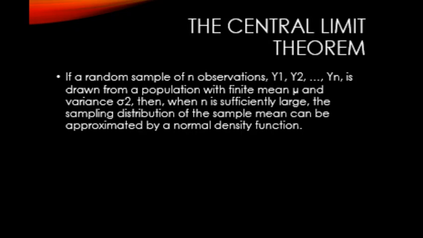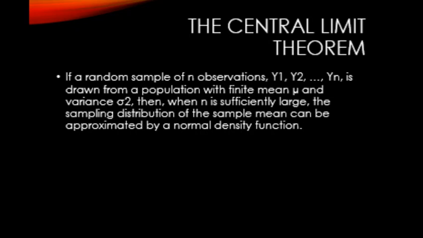Now, one of the main statistics that we use a lot is x bar, the sample mean. And for the distribution of the sample mean, we have the central limit theorem, which helps us describe the sampling distribution of the sample mean x bar. So again, let's say we have a sample of n observations, y1 through yn, which comes from a population with a finite mean mu and variance sigma square.